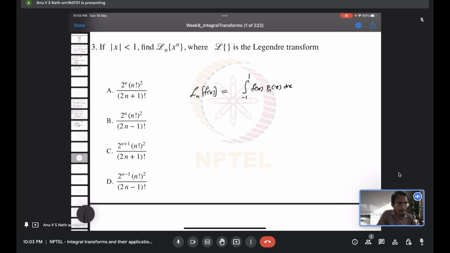I'm saying n is also included in the function. So this will become the integral from minus 1 to plus 1 of x raised to n Pn of x. So it's basically for every polynomial we can use this if mod x is less than 1.